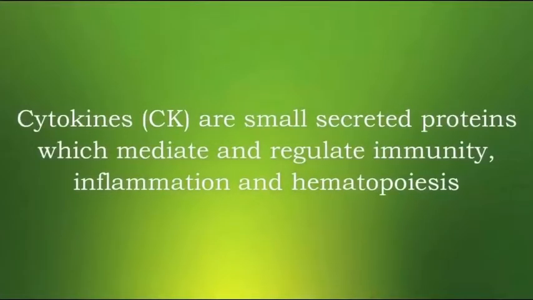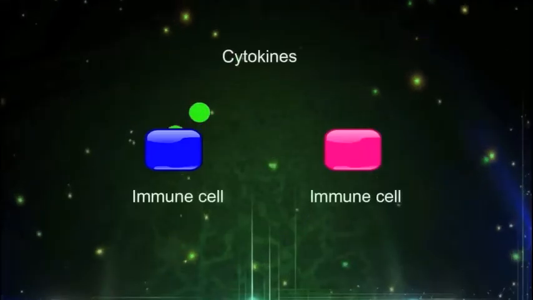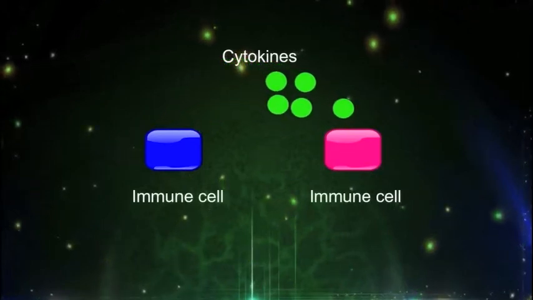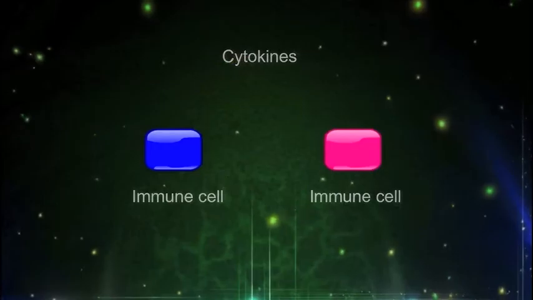Cytokines are small secreted proteins, which mediate and regulate immunity, inflammation, and hematopoiesis. Hematopoiesis is the production of all types of blood cells. The communication among immune cells, within the immune system, is mediated by these cytokines.